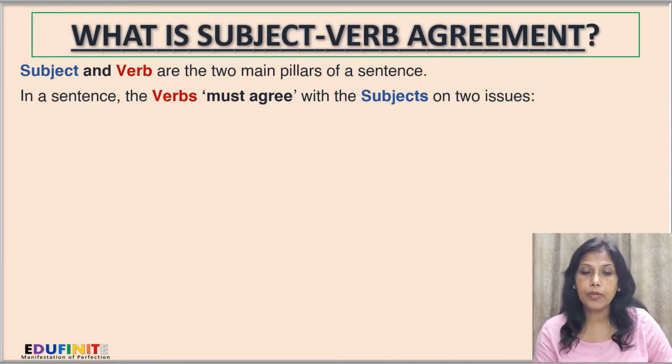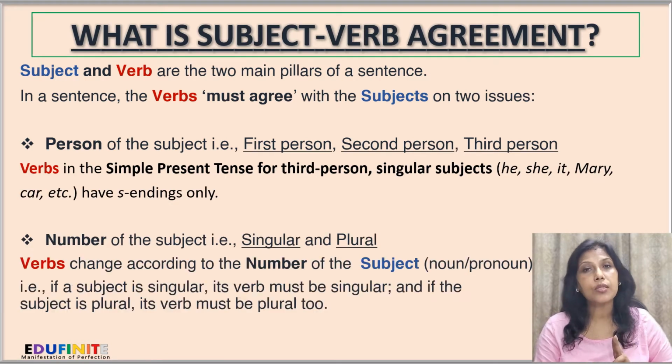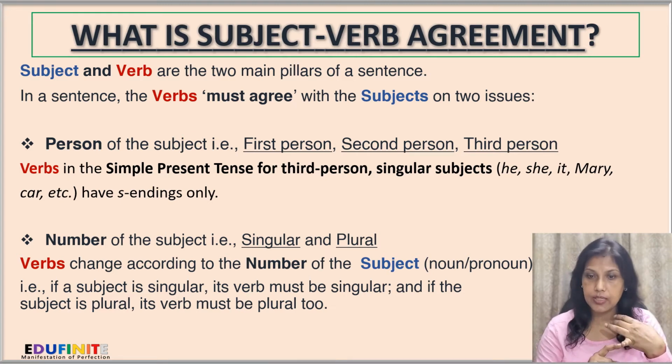Let's delve into it. Now, what is subject-verb agreement? Subject and verb are the two main pillars of a sentence. In a sentence, the verbs must agree with the subjects on two main issues. Number one, person of the subject, that is first person, second person, and third person.